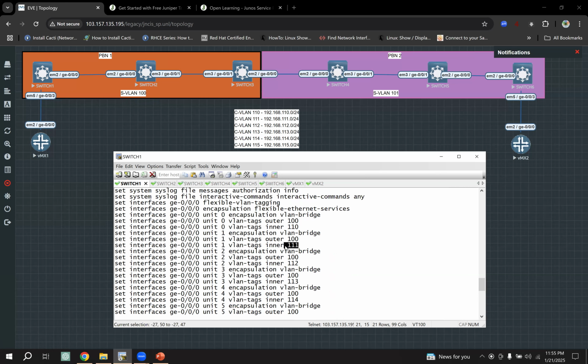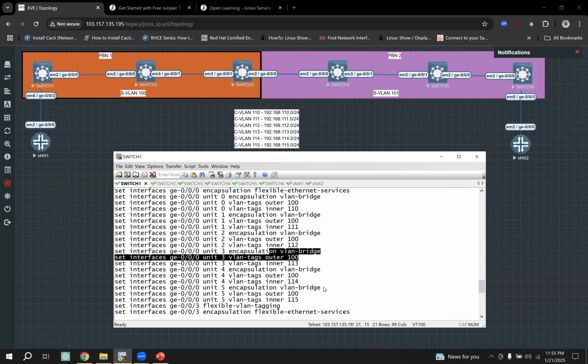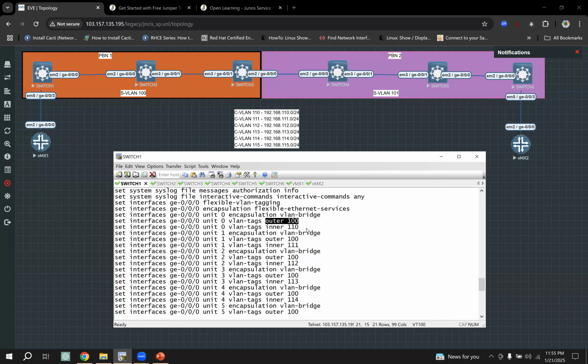So every VLAN ID, 111, 112, 113, 114, 115, takes outer VLAN 100. We are just mapping which one will be the inner VLAN and which one will be the outer VLAN.